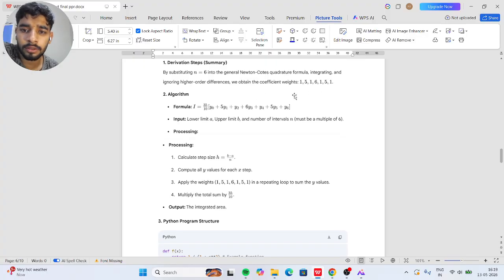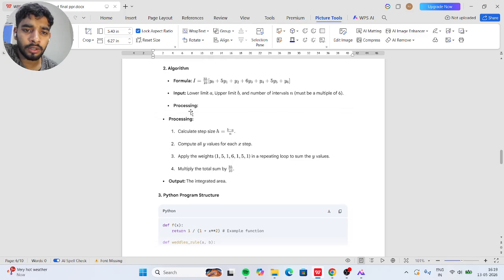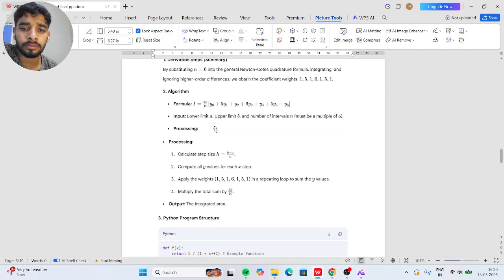Now we will come to the algorithm. We know the formula for Weddle's rule: I equals 3h by 10 times y0, and we implement these weights here.